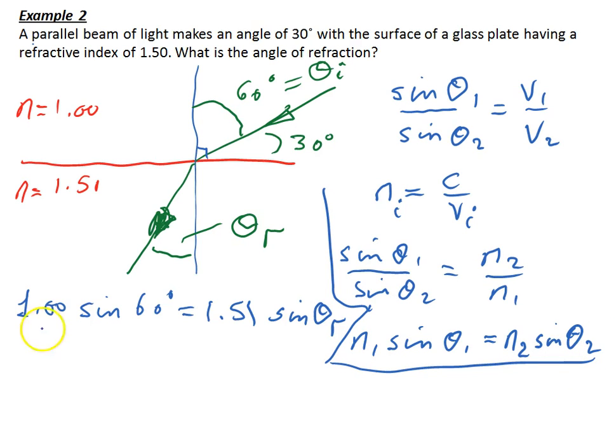So dividing both sides by 1.51 gives us sine theta r.